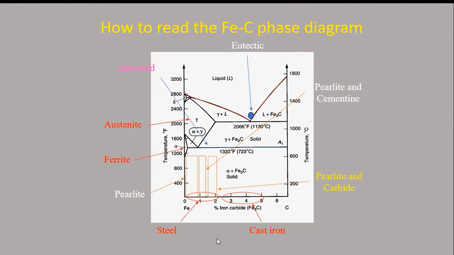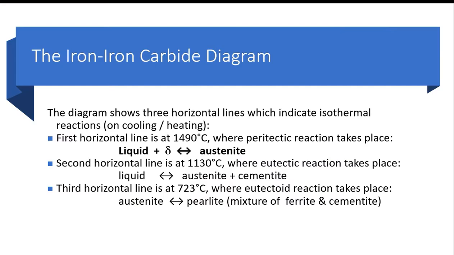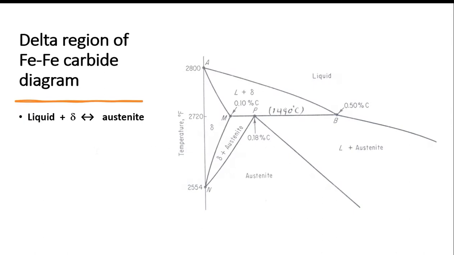The major purpose is how to use it for applications. To identify the importance of using this in application, first we need to look at how to read it, right? Those are what we call very important lines inside the iron carbon diagram.